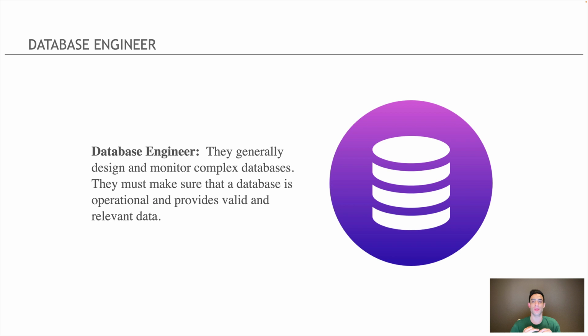They must make sure that a database is operational and provides valid and relevant data. So they would work with queries, they would work with MySQL, Oracle databases, Azure databases. They would work with all these different database technologies, making sure that the database adheres, again, to the requirements of the software.